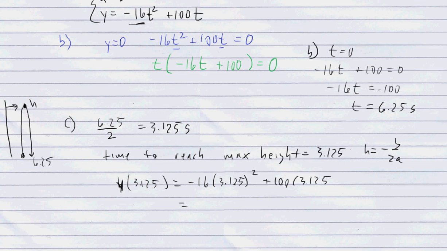So it's going to be 3.125 squared times negative 16, and I'm getting negative 156.25, right, plus 100 times 3.125, so that's plus 312.5.